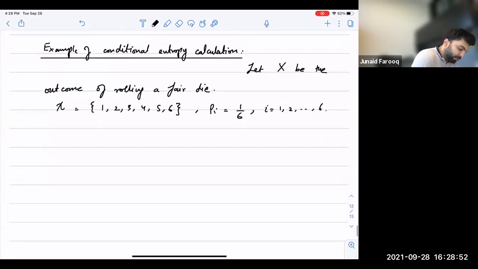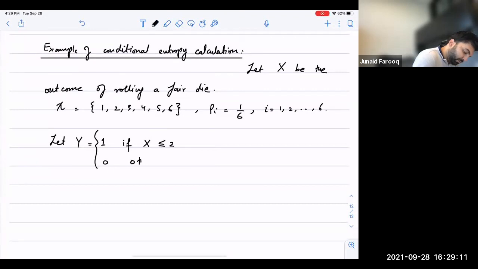Now let's say Y equals 1 if X is less than 2 and 0 otherwise. Right, so you see that X and Y are dependent.